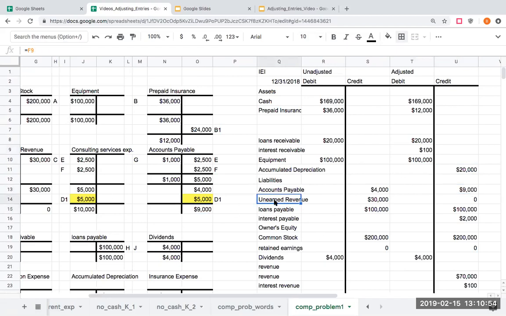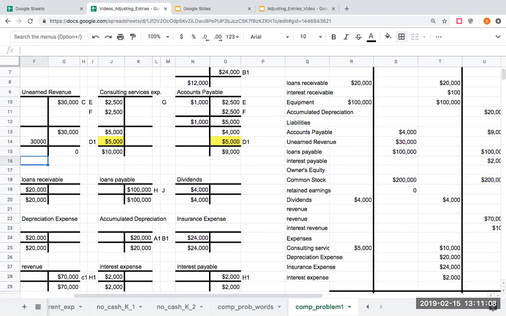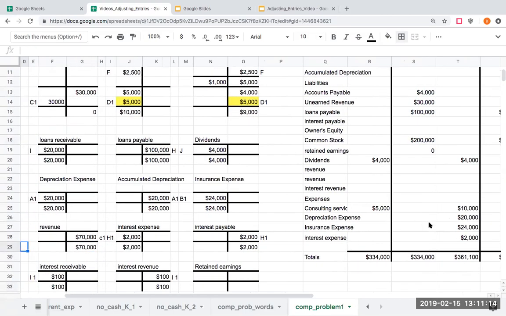My unearned revenue is now 0. My loans payable hasn't changed. My interest payable here is 2,000. That's still going to be the same. My dividends carried over. My common stock was still the same. My revenue, my expenses. And let's see, what else am I missing here? Got my consulting services expense.